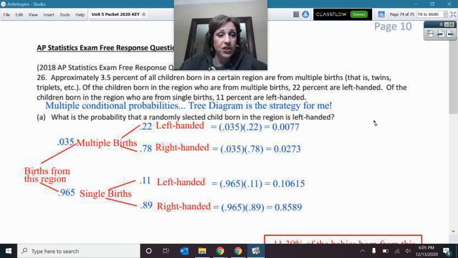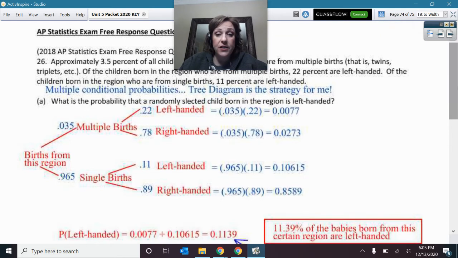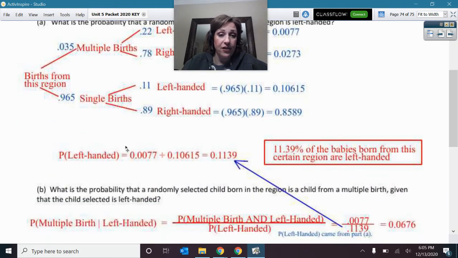Okay, so then the question just says, what's the probability that a randomly selected child born in the region is left-handed? So that's after I do this. So that's going to be my total left-handed, the 0.007 for the multiple births, plus the left-handed for the single births. So I'm going to add those 2 together.